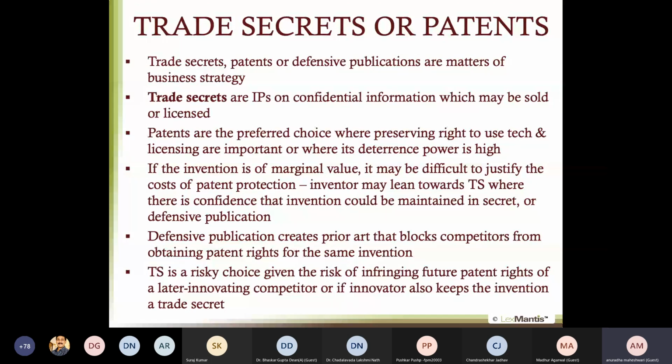There is always a critical question that is asked: should you go for trade secrets or should you go for patents? The first issue is why this question. This question is because patents are very difficult and very arduous to file and to get. Patents are not got easily.